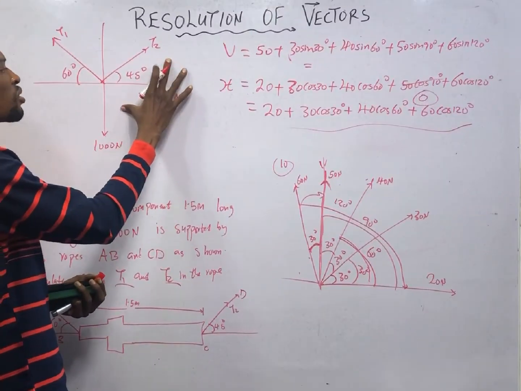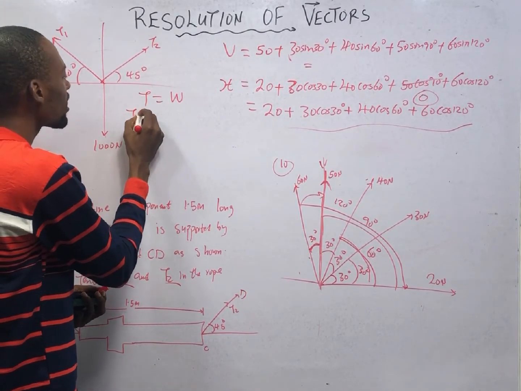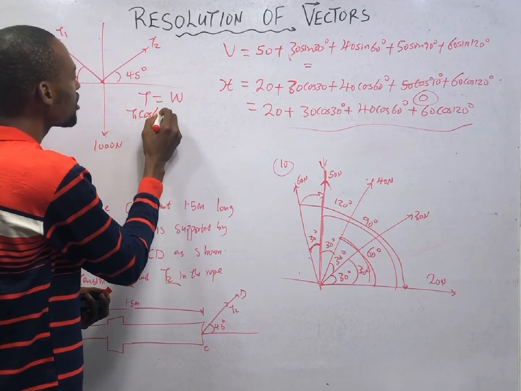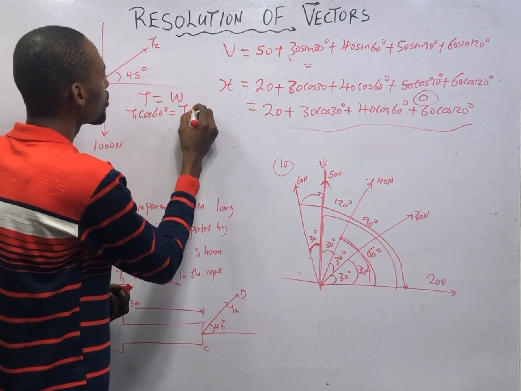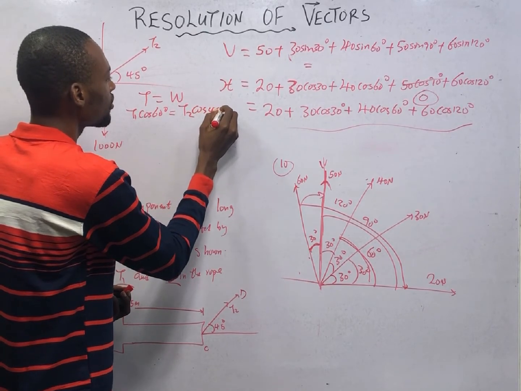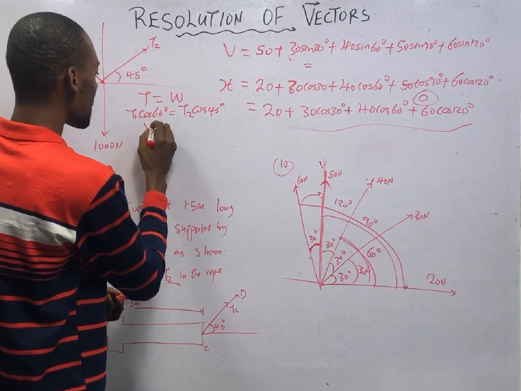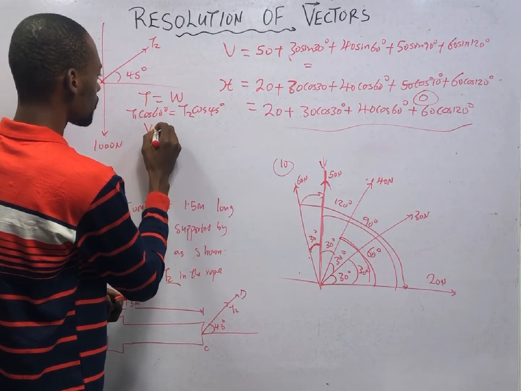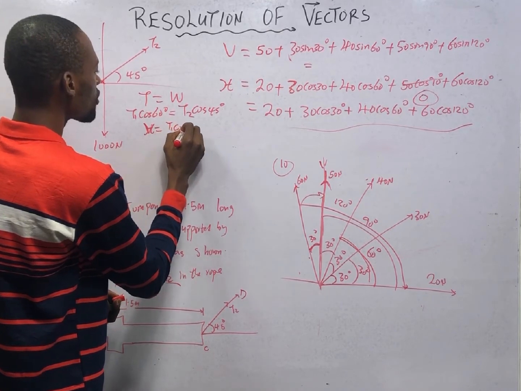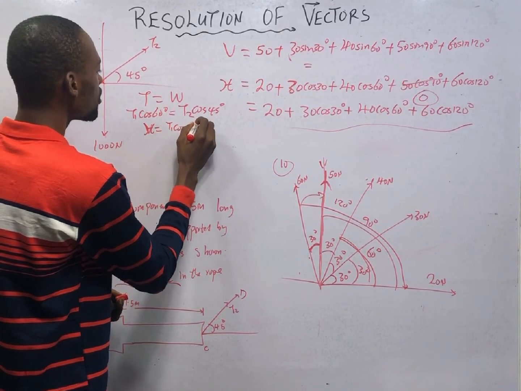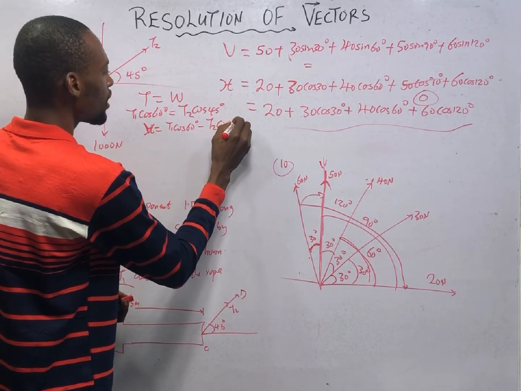Resolving this to the horizontal, T1 cos 60 degrees is equal to T2 cos 45 degrees. Why? Because the horizontal is T1 cos 60 degrees minus T2 cos 45 degrees.